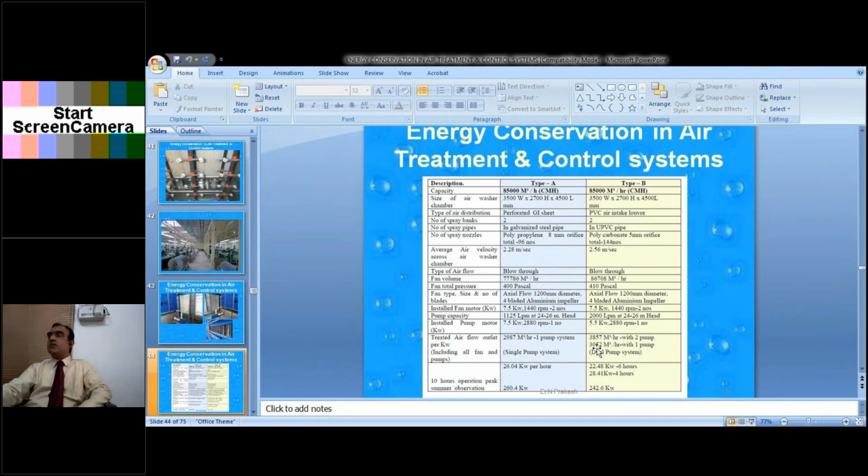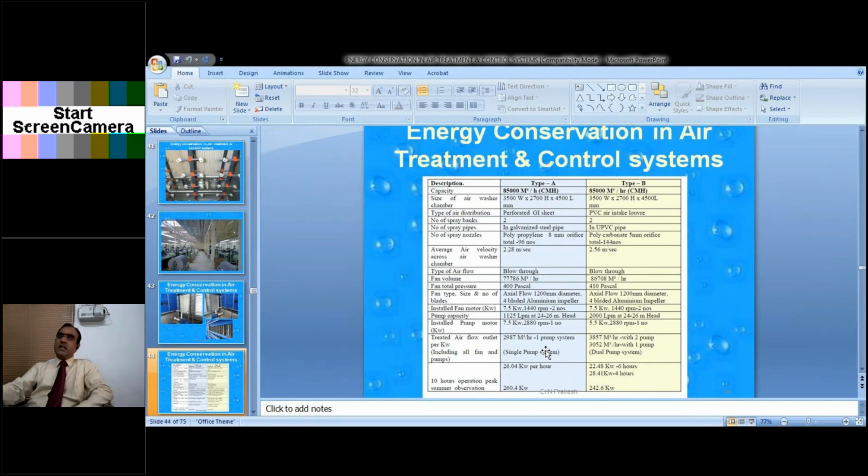Instead of a 7.5 kW single pump, we installed a two-pump system of 5.5 kW each. With one pump, it will try to achieve the required temperature and RH. When there is more demand, then the second pump will operate.